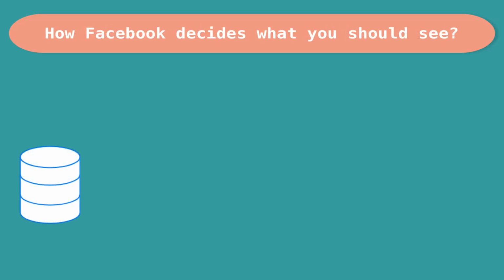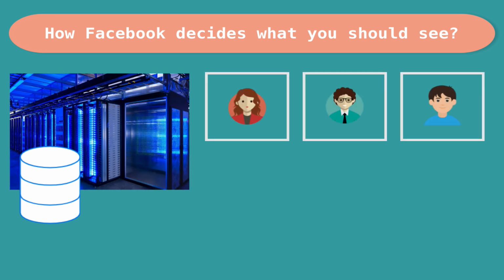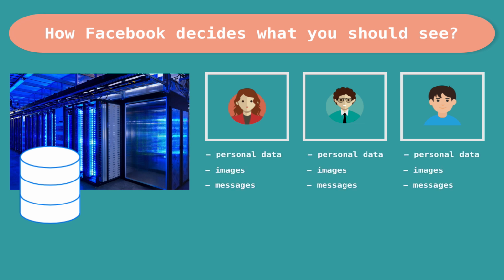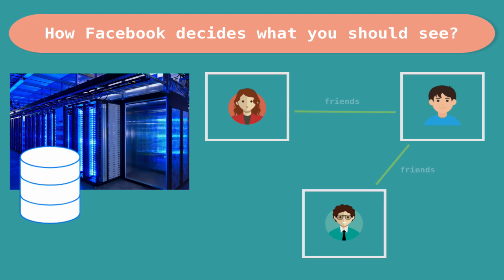Now, in the database warehouse, Facebook creates isolated spaces for each user with their personal data, images, etc. And obviously on Facebook, you want to have some privacy, meaning you want only your friends to see your posts. So Facebook creates connections in the database between users that are friends. And that's how Facebook decides what information to send to a user when they log into the application.